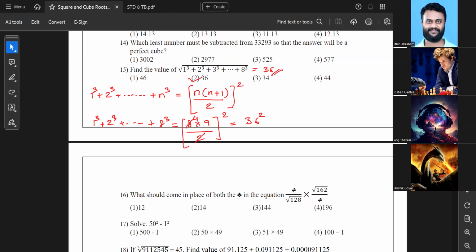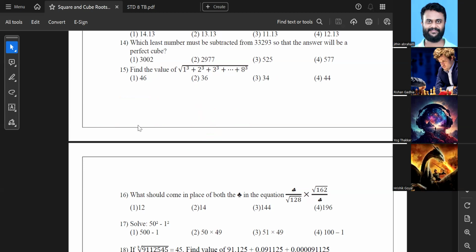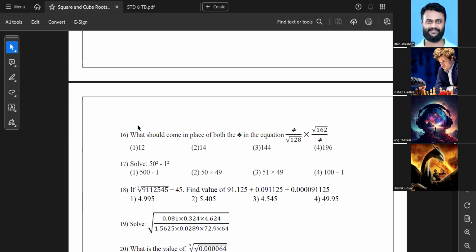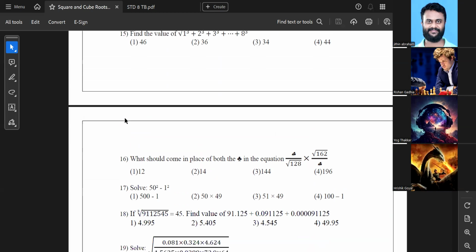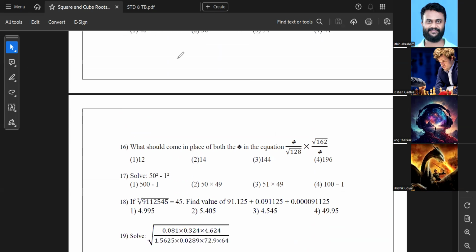I'll be erasing this. The answer was option 2. Okay, question number 15, option 2.